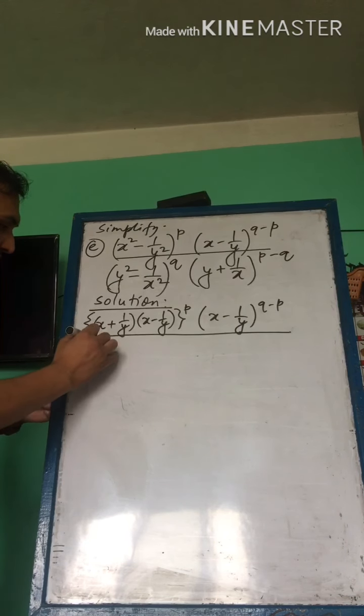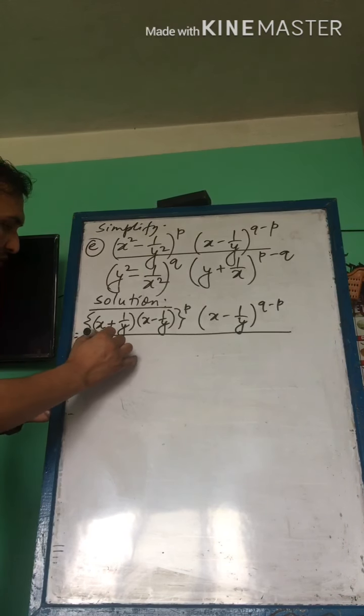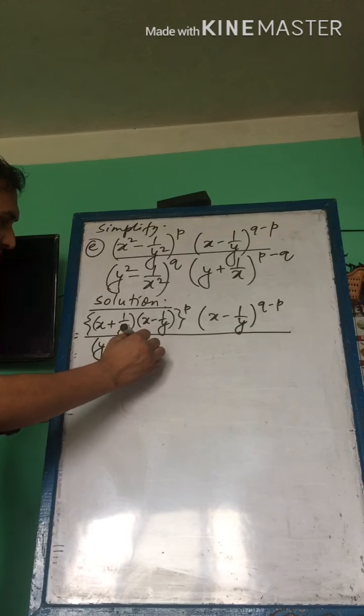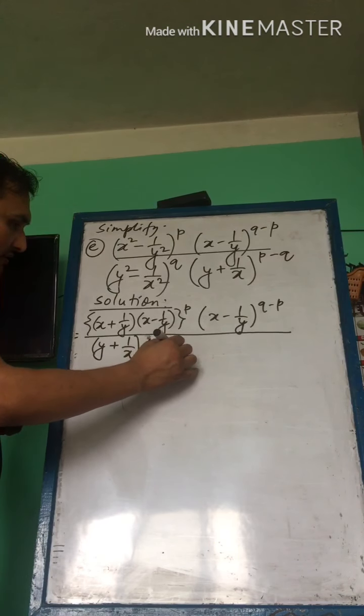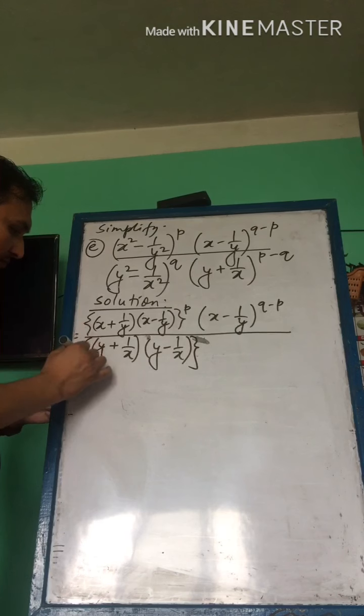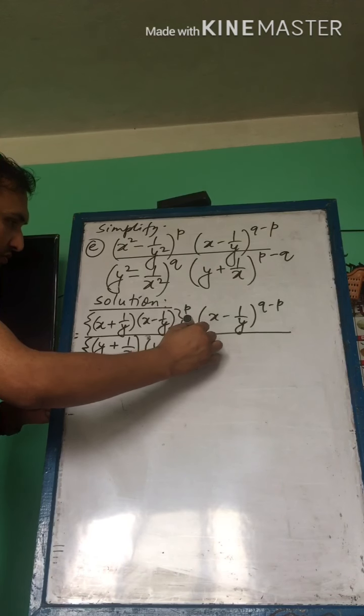Now what will be this? I think you can do it: y plus 1 upon x whole to the power, or let me do one step, into y minus 1 upon x whole to the power q.